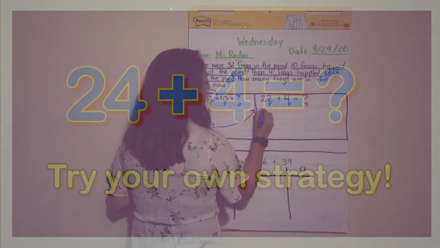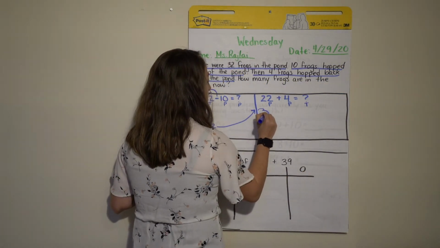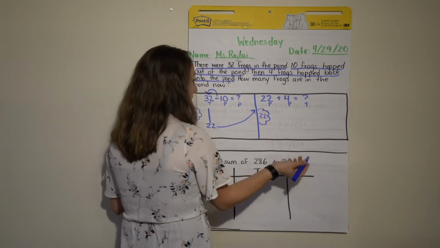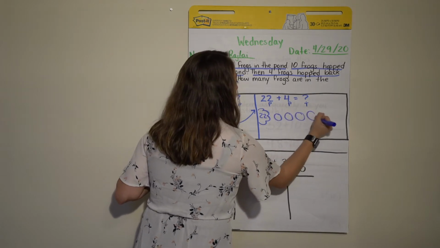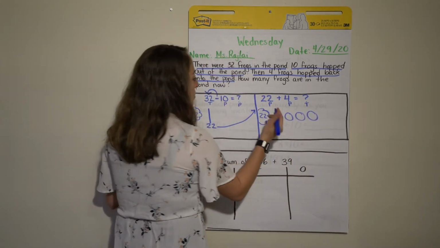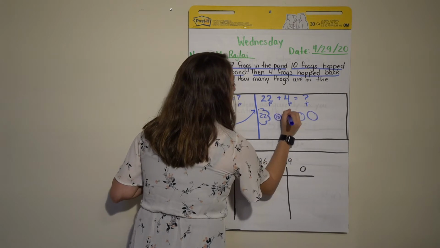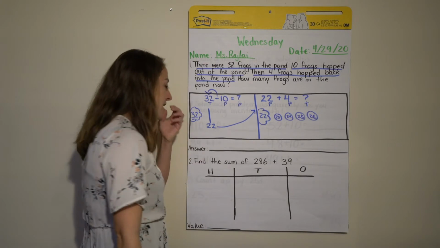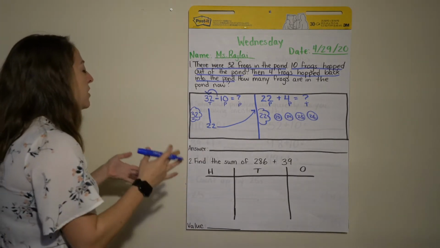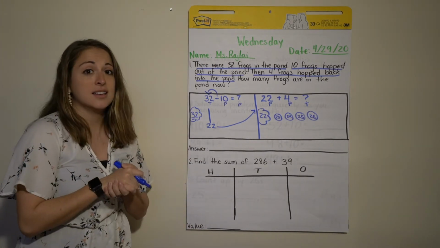Okay, so I'm putting 22 in my brain, and I'm going to add, because my total's missing, 1, 2, 3, 4, 22, counting up, 23, 24, 25, 26. How many frogs are in the pond now?